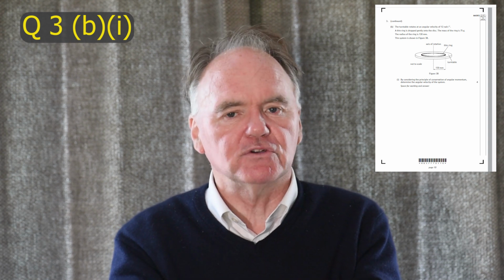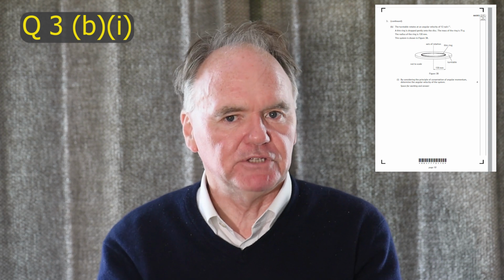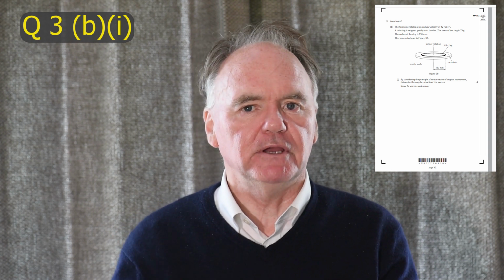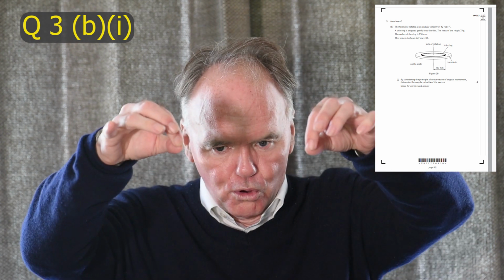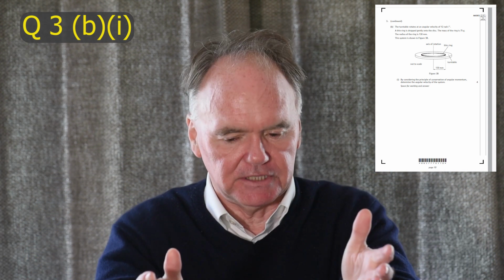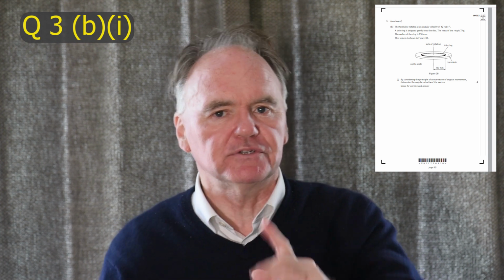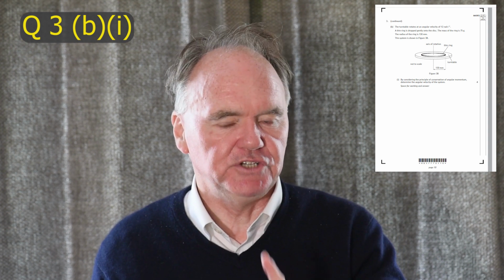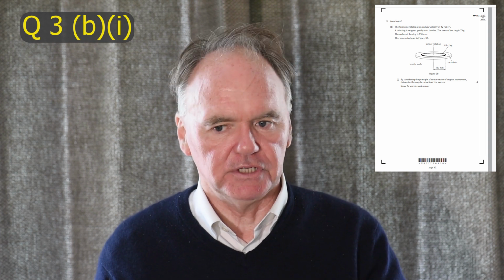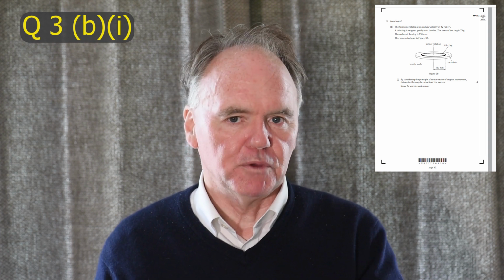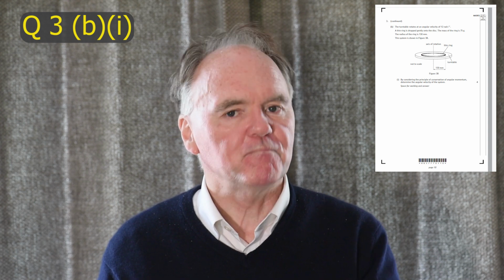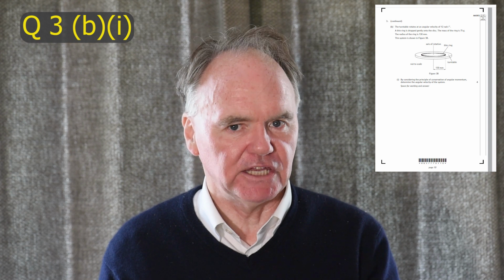The ring has a mass of 75 times 10 to the minus 3 kilograms and a radius of 130 times 10 to the minus 3 meters, and we put that on top so the centre of the ring matches the centre of the disc. But then notice its angular velocity changes, and we are asked to work out the new angular velocity using the principle of conservation of angular momentum.